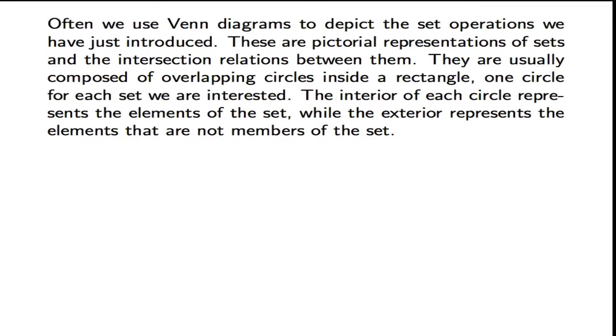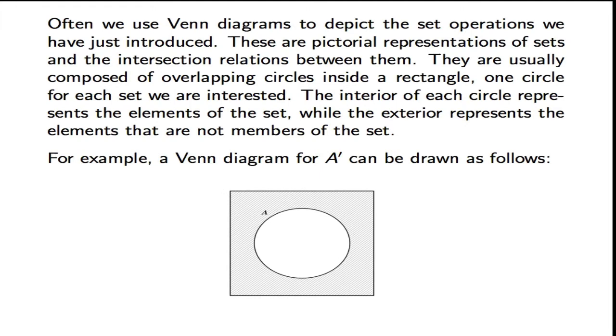The interior of each circle represents the elements of the set, and the exterior represents the elements that are not members of the set. For example, the Venn diagram for the complement of A is drawn as follows, because the interior of the circle represents the elements of A, and the exterior of the circle represents the elements which are not in A, i.e. the elements of A complement.